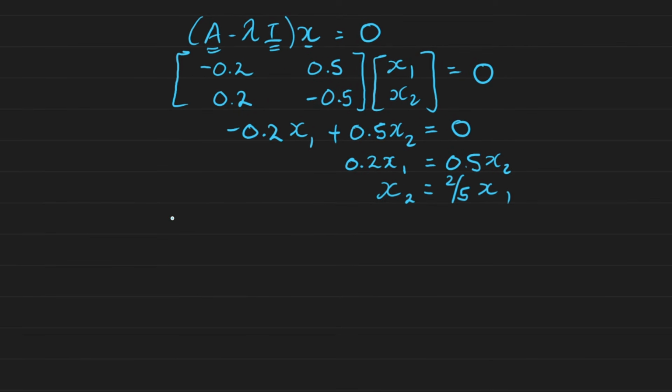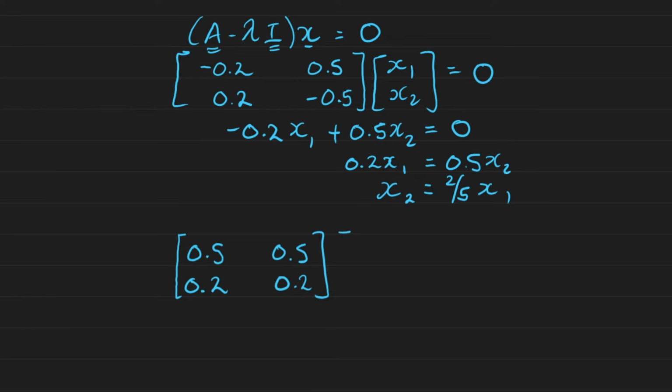Now we do the same, but with lambda equal to 0.3. If we do that, we have 0.8 minus 0.3, so that's 0.5, and then the 0.5 here remains the same, and we have 0.2, and then 0.5 minus 0.3, which is 0.2.